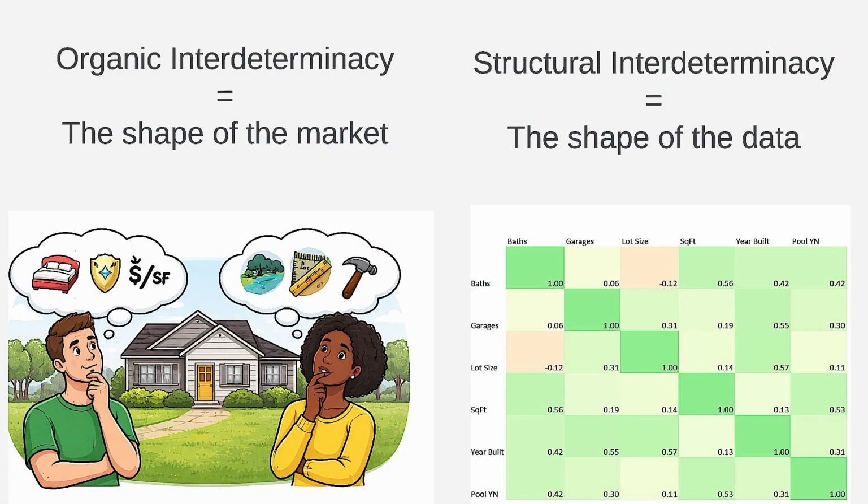But there's a second kind, and this is kind of already touched on. This is structural interdeterminacy. With structural interdeterminacy, we're not talking about the shape of the market, we're talking about the shape of the data. If you look at this image here, it's a correlation matrix. That's how you measure the shape of your data in terms of variable interrelation. And it's important to note that the shape of your data may not always reflect the shape of your market.